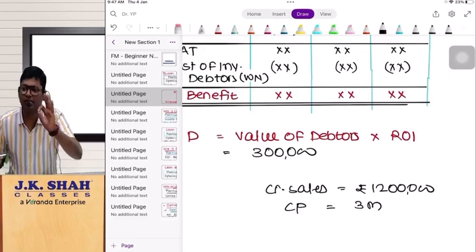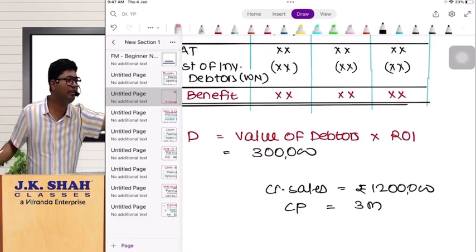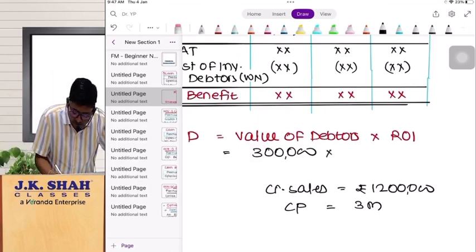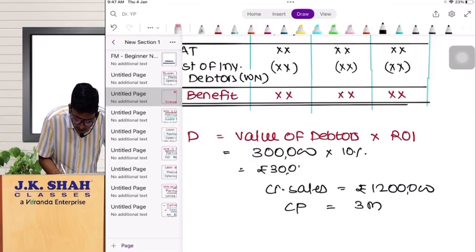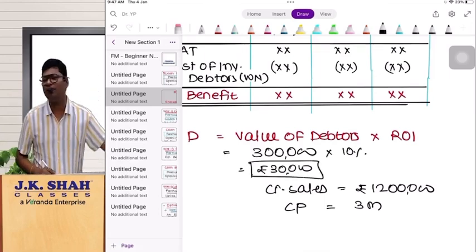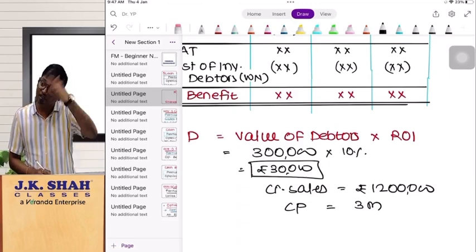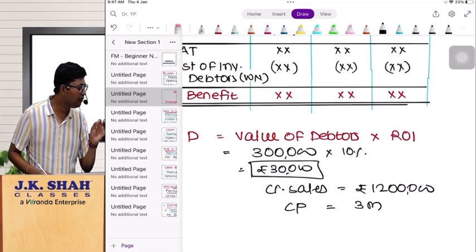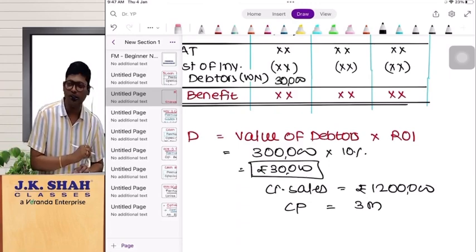Instead of locking this 3 lakhs rupees with debtors, if you invest this money in the market for 3 months, you can earn ROI on that. Suppose ROI given in the question is 10%, that means rupees 30,000 could have been earned by the company, but they are not earning it, so 30,000 is sacrificed. That is called opportunity cost, and this is to be recorded here as CID.